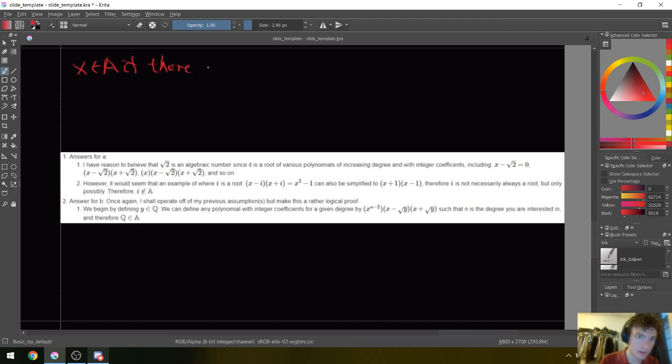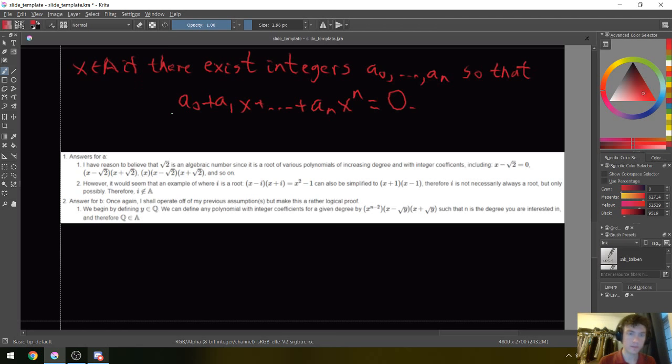To prove a number x is algebraic, I have to explicitly hand you all these integers that appear as coefficients in my polynomial, and the number x is a root of that polynomial.